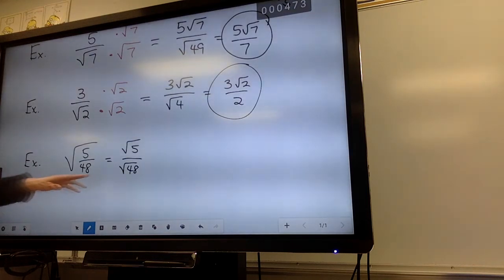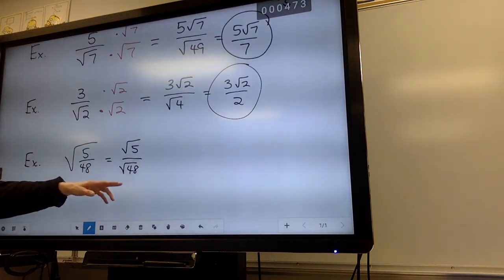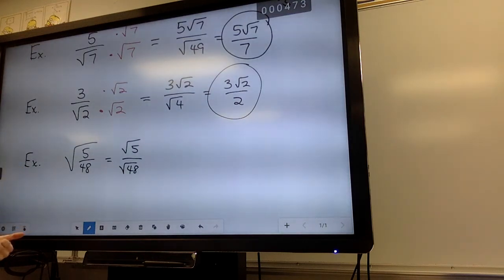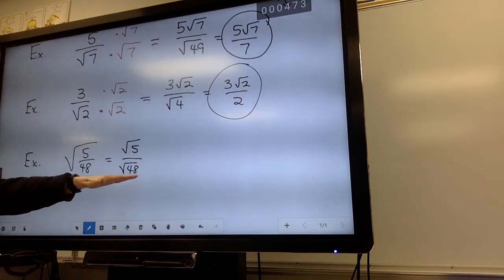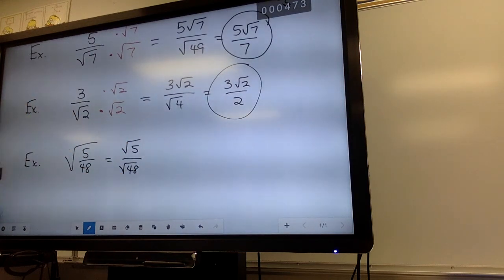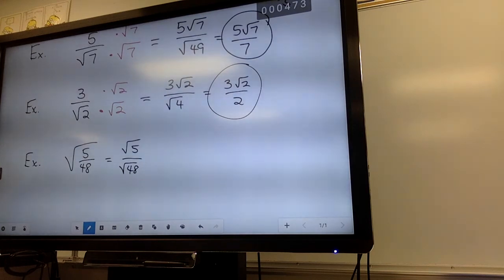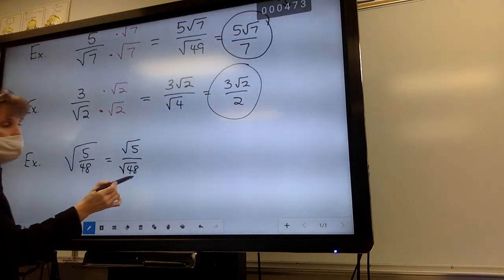Now, does the square root of 48 simplify? It does. If you want to simplify now, you can. Or you could multiply by the square root of 48, top and bottom, and then you would just have to simplify. Eventually, it's going to reduce. You're going to get the same result. But if I want to simplify this now, I can.